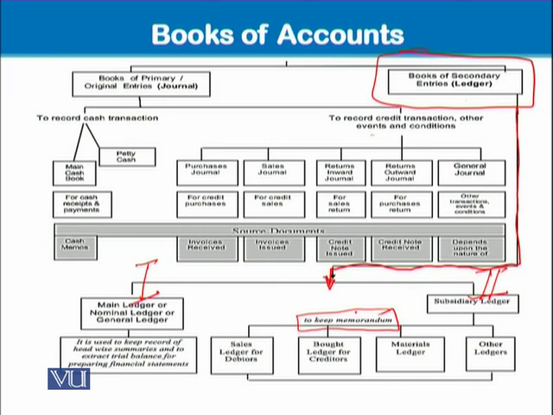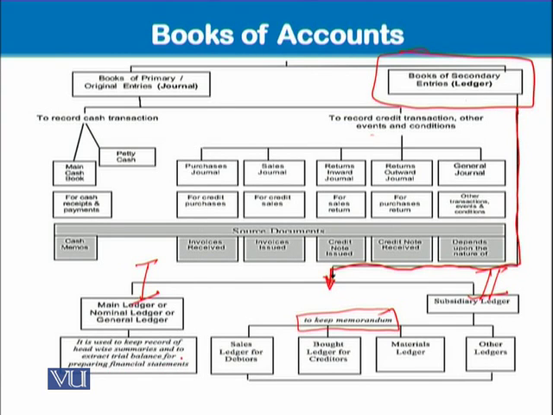The main ledger is the book where we keep a record of headwise summaries of each accounting head, and each summary produces a balance which is then placed in the trial balance, and from this trial balance we prepare financial statements.